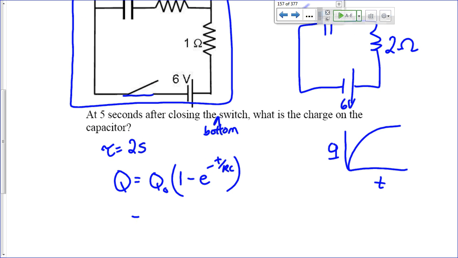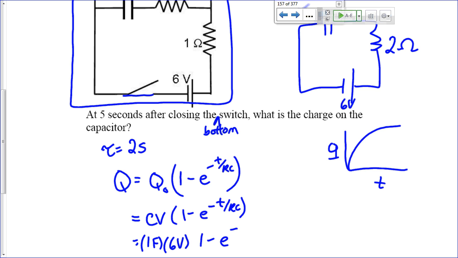All right, Q naught is going to equal CV. C is 1 farad, my voltage is 6 volts, times 1 minus e to the minus 5 over 2.